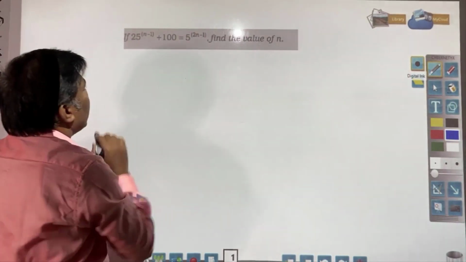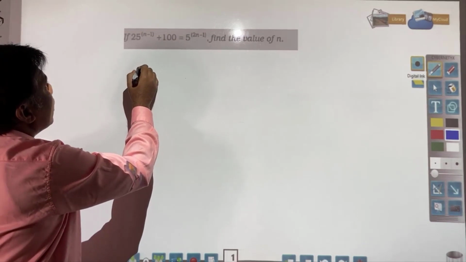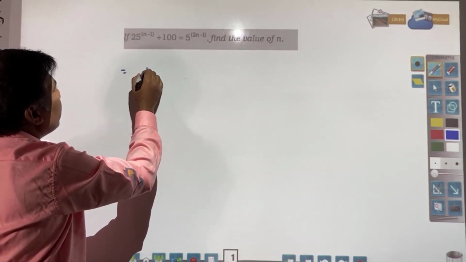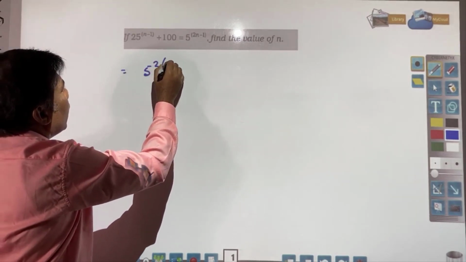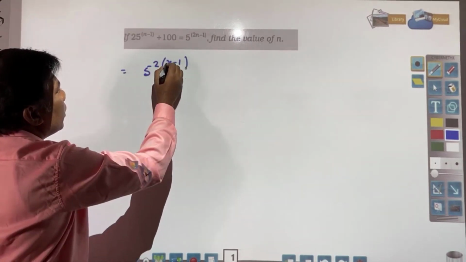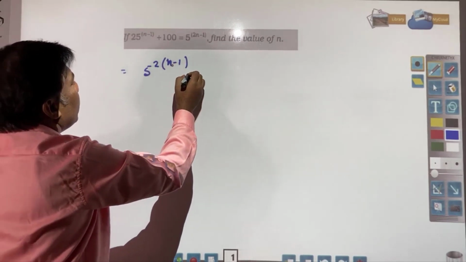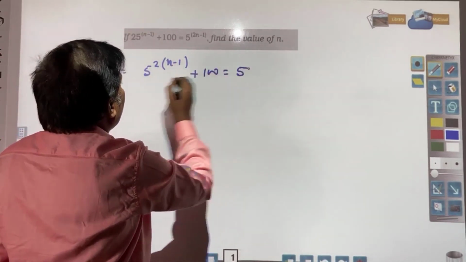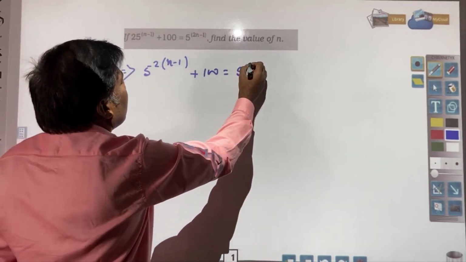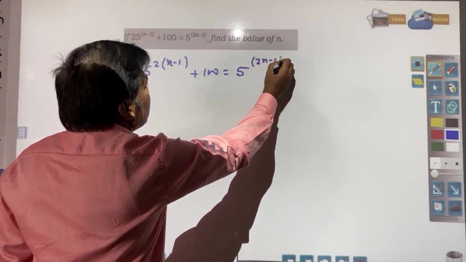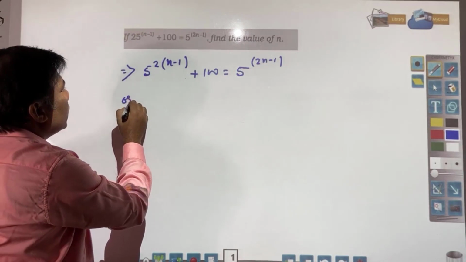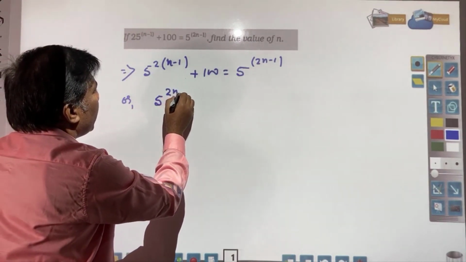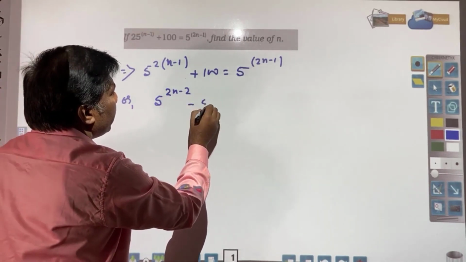Here you see what has been done. 25 can be written as 5 to the power 2, and n minus 1 plus 100 is equal to 5 to the power 2n minus 1.